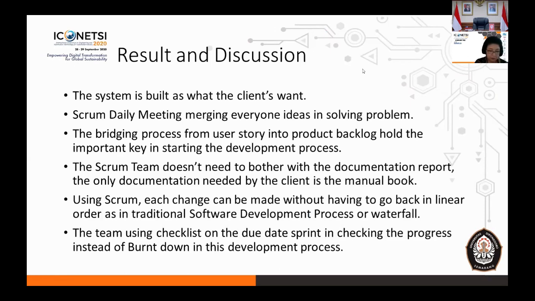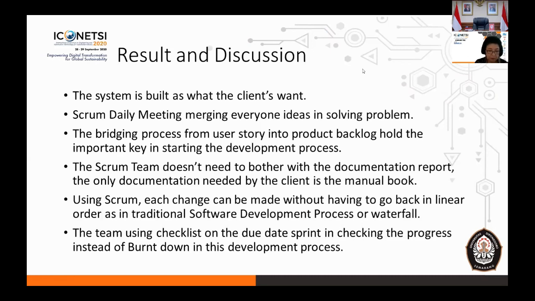All the features have been developed as the clients want. Based on the process, we found that the daily Scrum meeting is a very important step that must be done, especially because we developed this management system in a group, but we did it individually because of COVID-19. We cannot meet directly very often.